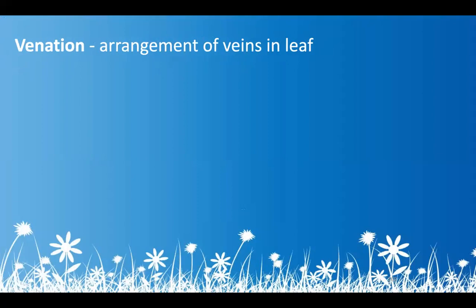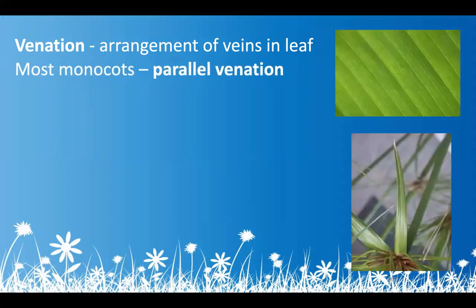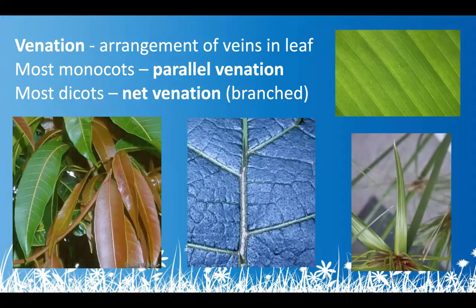Now, I talked about venation earlier, feels like a year ago, when we were comparing monocots and dicots. Venation is just the arrangement of the veins in a leaf. Monocots have parallel venation. Dicots have what's called net venation. So with parallel, all of the veins, all of the vascular bundles, are going in the same direction.